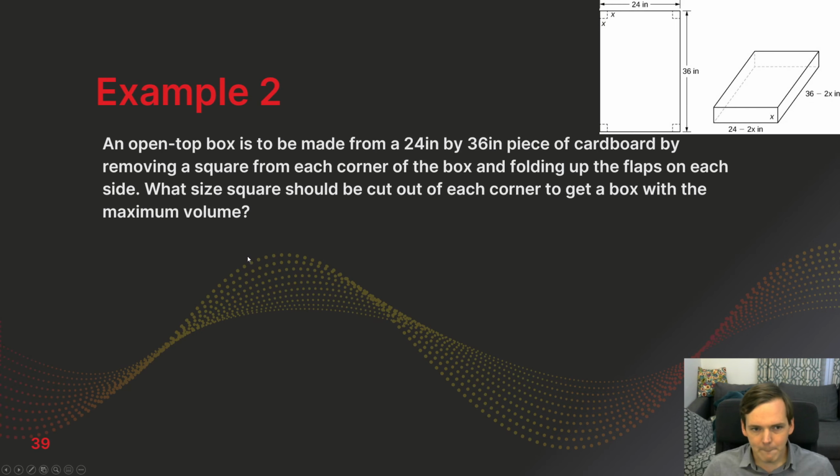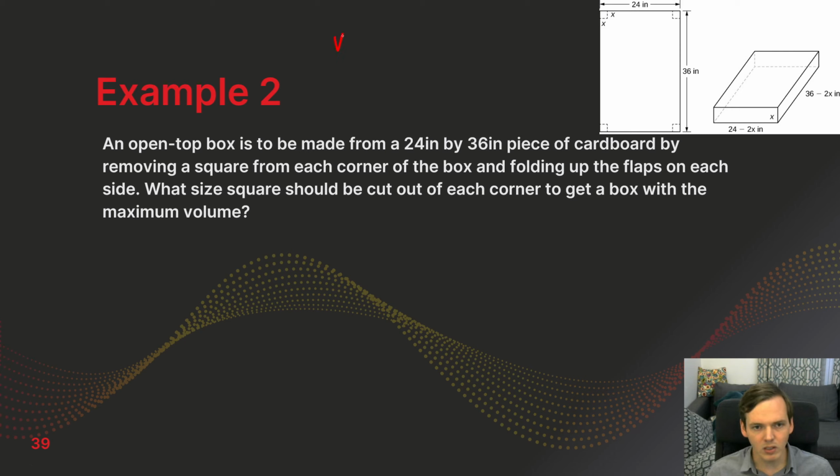An open top box is made from a 24 inch by 36 inch piece of cardboard by removing a square from each corner of the box and folding up the flaps on each side. What size square should be cut out of each corner to get a box with the maximum volume? So let's start by writing our volume.